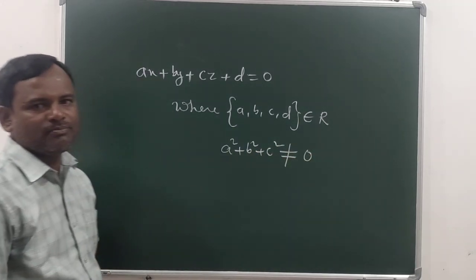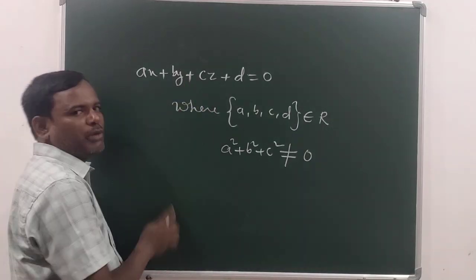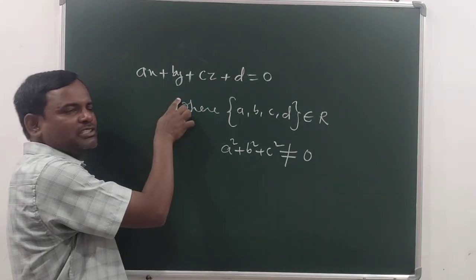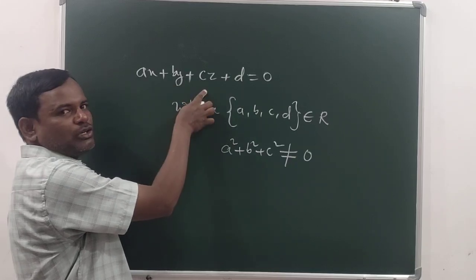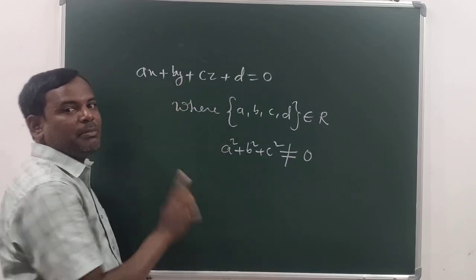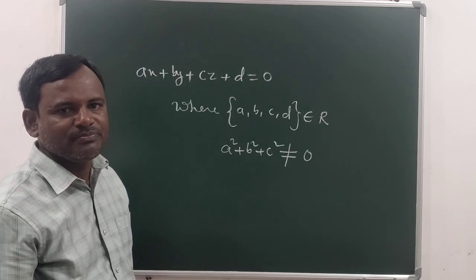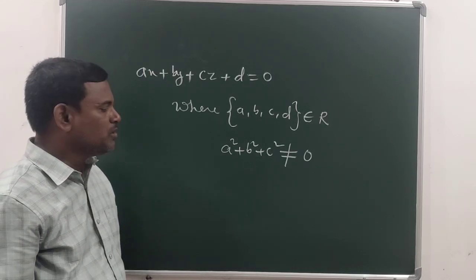This is the condition. A can be 0, b can be 0, c can be 0. ab can be 0, bc can be 0, ac can be 0. But at a time, a, b, c should not all be equal to 0.